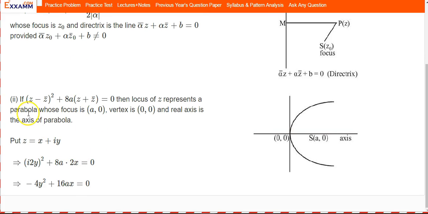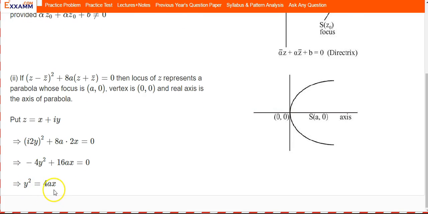Here we have written the answer, z minus z bar square plus 8a times z plus z bar, but I would suggest that you start with y square equal to 4ax. We replace y with z minus z bar divided by 2 and x with z plus z bar divided by 2. If we put these two values in this, we will get this equation.